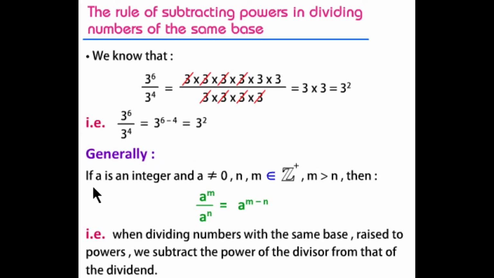Generally, if a is an integer and a is not equal to 0, n and m are positive, and m is more than n, then a to the power m over a to the power n equals a to the power m minus n.